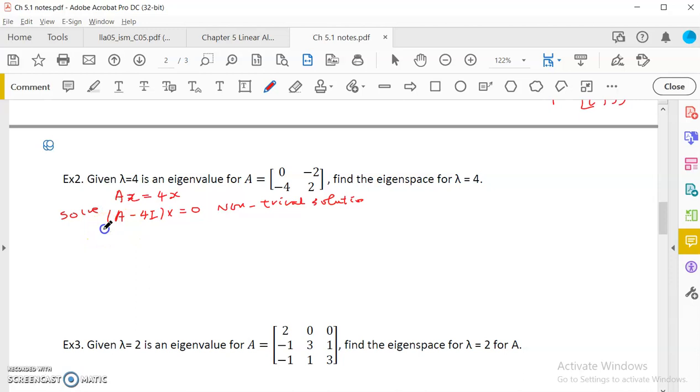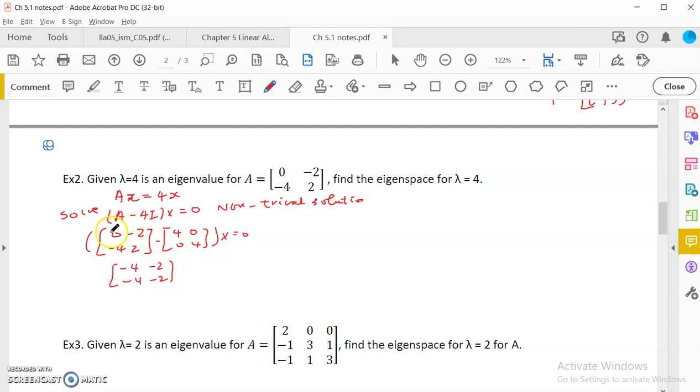So I am to solve A minus 4I, which means 0, negative 2, negative 4, 2, minus 4, 0, 0, 4. On the diagonal, I subtract 4, because 4 is the eigenvalue, times x is equal to 0. That means my new matrix would be negative 4, negative 2, negative 4. 2 minus 4 is negative 2 also, right?